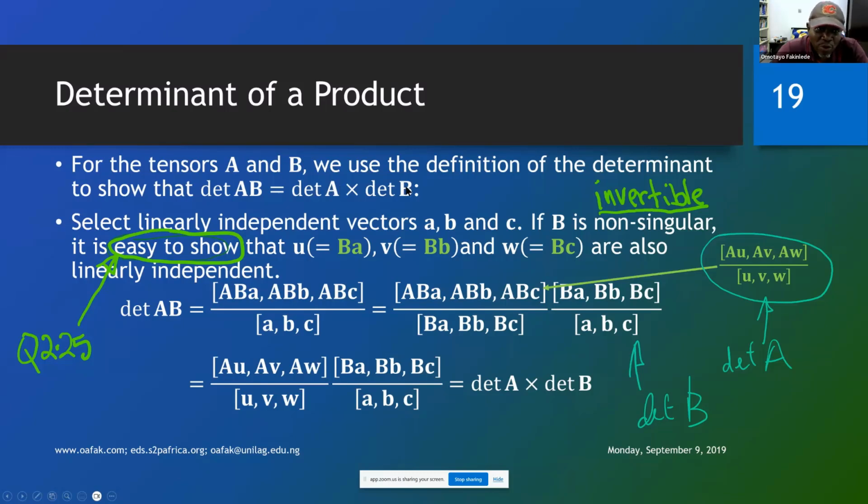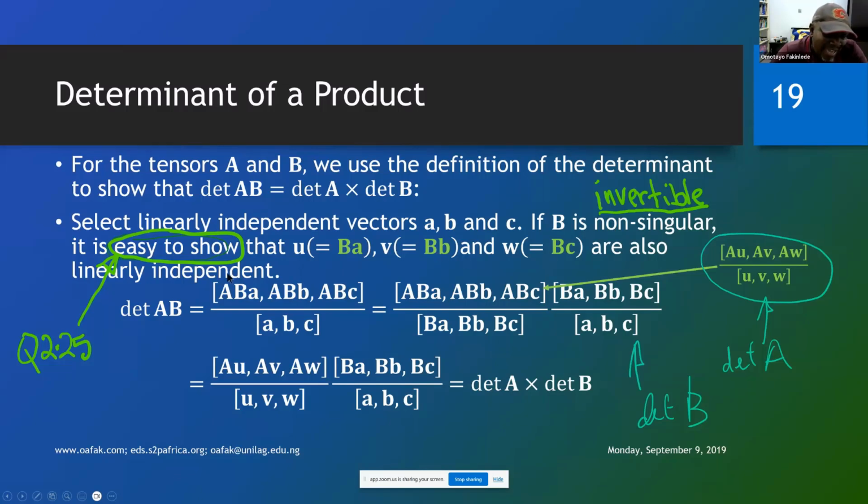Now, we want to prove this on this page. We are proving this expression on this page. So to prove the expression, select any three linearly independent vectors A, B, and C. If B is not singular, that is, if it is invertible, we can easily show that if A, B, and C are linearly independent, then U, which is equal to BA, V, which is equal to BB, and W, which is equal to BC, are also linearly independent.